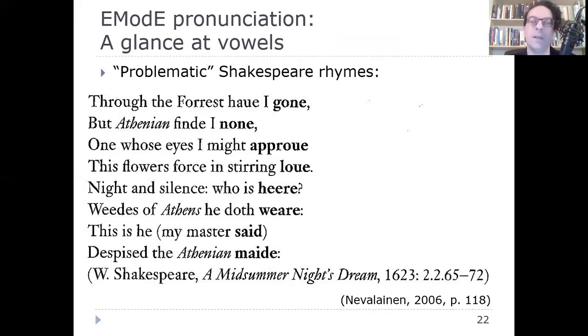Gone, none, approve, love, here, where, said, made don't rhyme in present day English. But all of these pairs of rhymes do work if you use the reconstructed Elizabethan pronunciation.